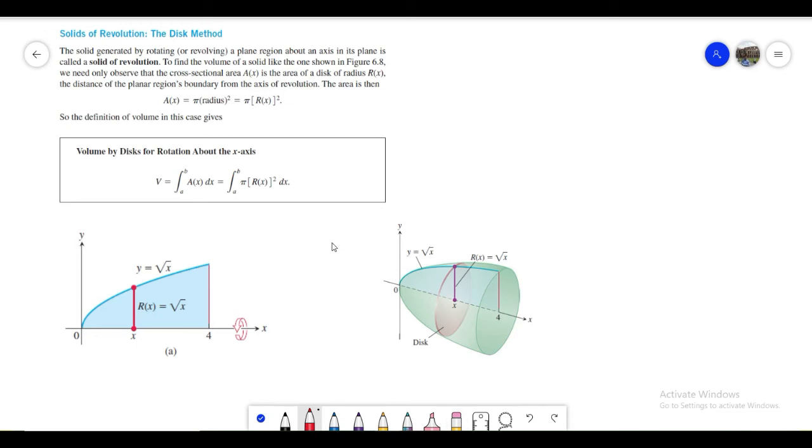The area, or the cross-section area A of x in this case, has to be pi r squared, where r is the radius, and the radius is in terms of r of x. I will explain why we are calling it r of x squared.